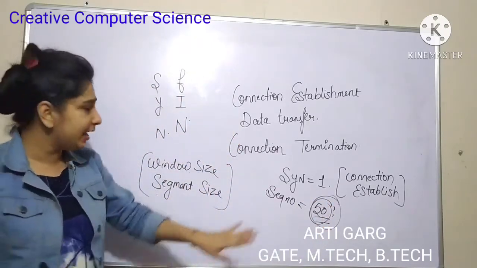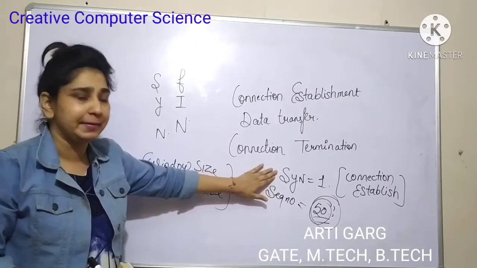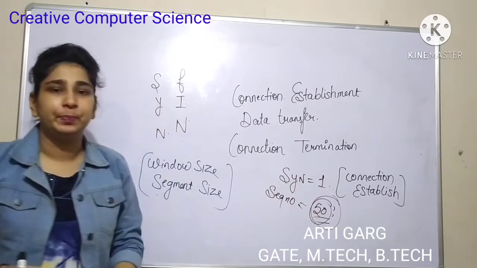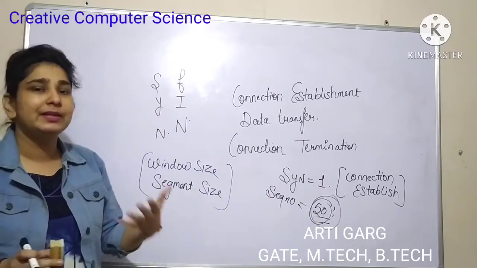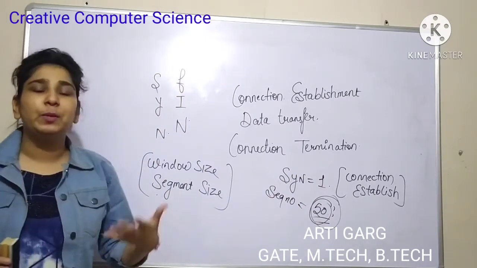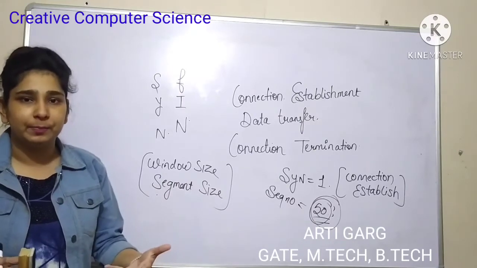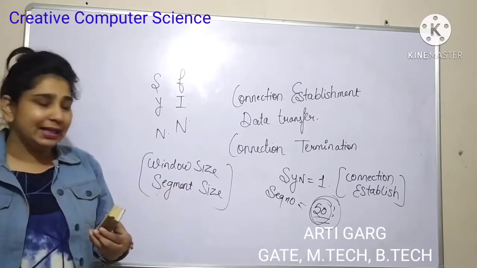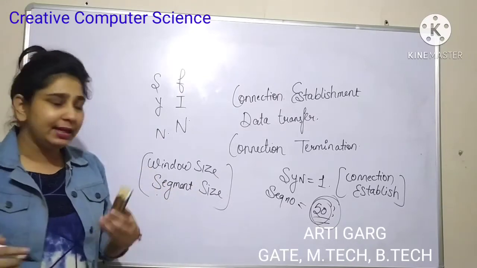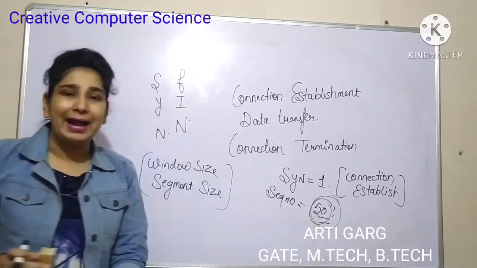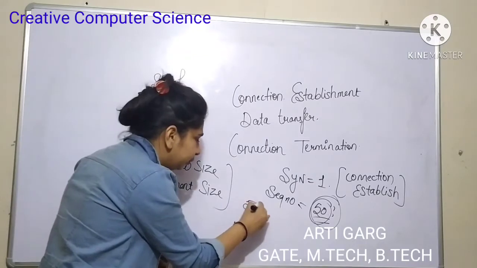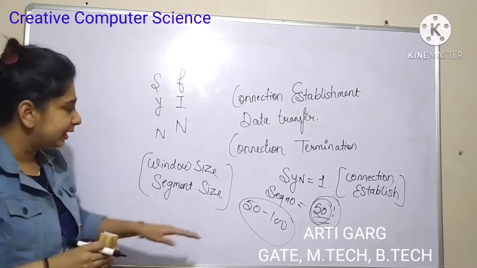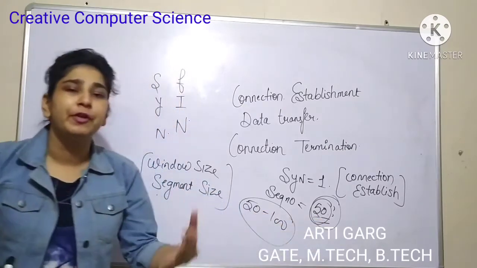So in that case, we use the SYN field set to 1 for the first time, when we are informing the receiver what my starting sequence number would be. You are telling the other party that I would be sending you bytes from 50 to 100, and my first sequence number is going to be 50.